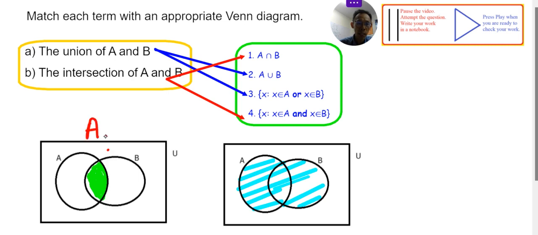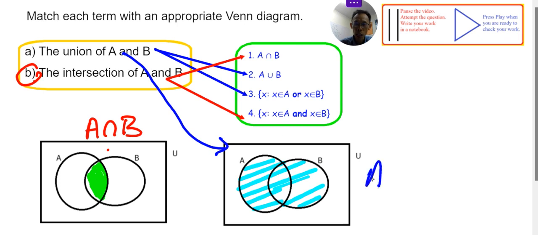This is A intersect B. This is the B part. Next, this one is in A or in B. That's union. So this is A union B.